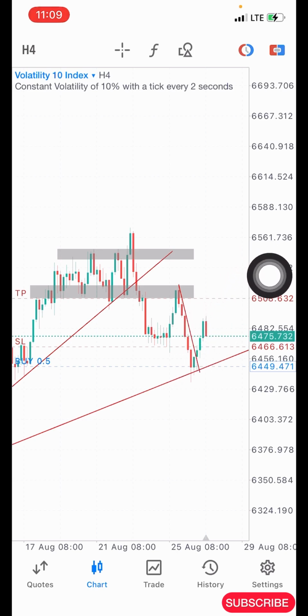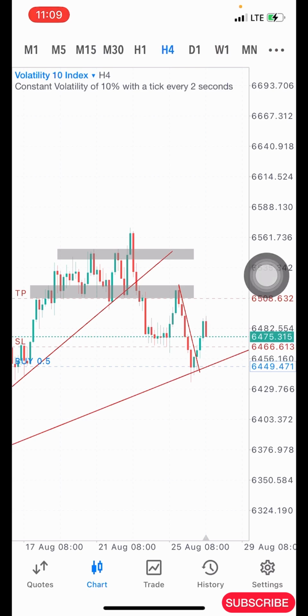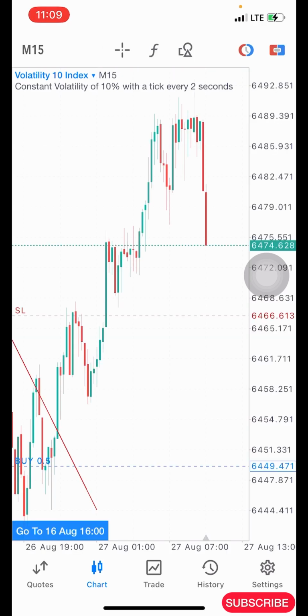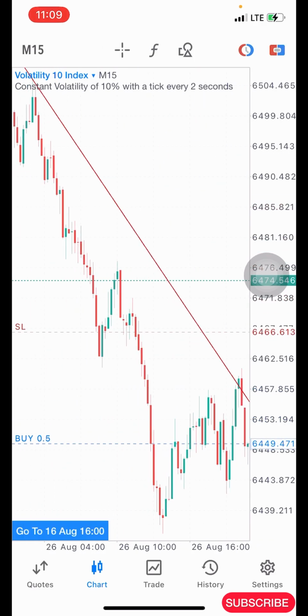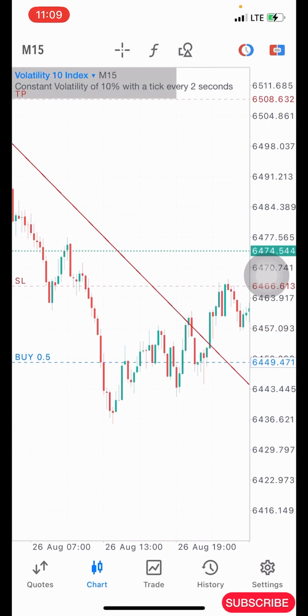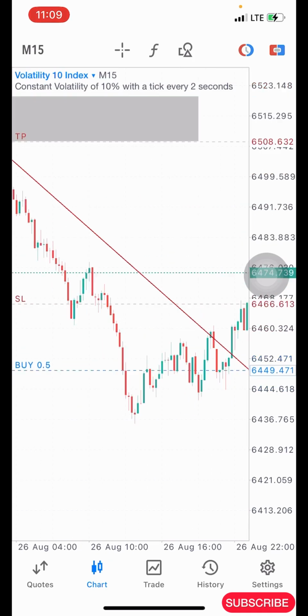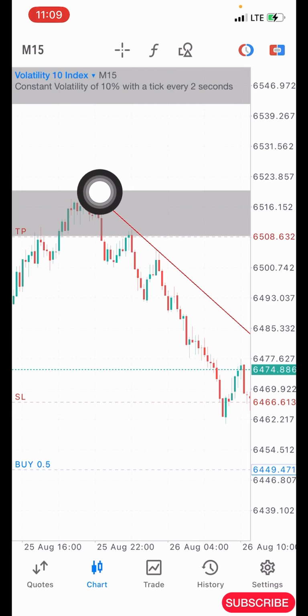So I was waiting patiently for it to get to that area. After it got there, I went down to the 15-minute time frame, and here I also put in this trend line, as you can see.